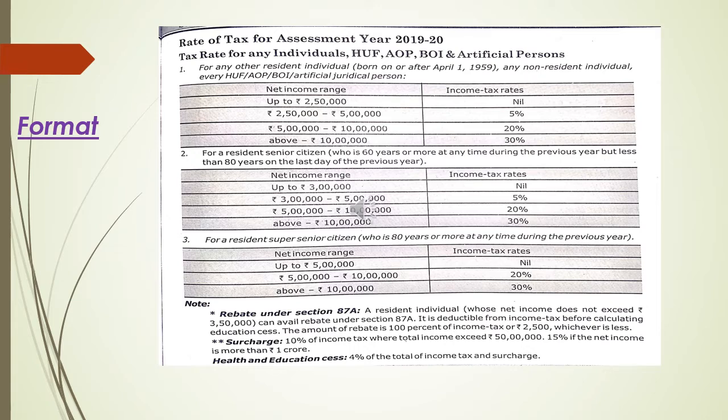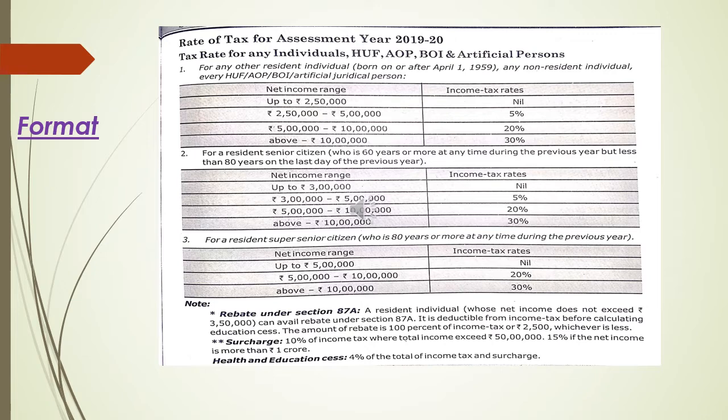Same way, for the senior citizens, those who are above the age of 60 years but less than 80 years of age, for them up to 3 lakhs there is no tax. 3 lakh to 5 lakh means the 2 lakhs difference amount, 5% they have to pay. How we calculate normally? 3 to 5 lakhs means 2 lakhs. 5% of 2 lakhs we have to take.